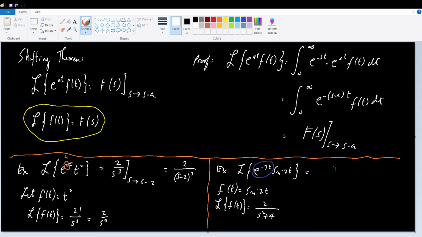So this will be 2 over s squared plus 4, but we have to change s to s minus negative 3, or s plus 3. So this becomes 2 over s plus 3 squared plus 4, or 2 over s squared plus 6s plus 9 plus 4, that will be 13. Okay, so that is the shifting theorem.